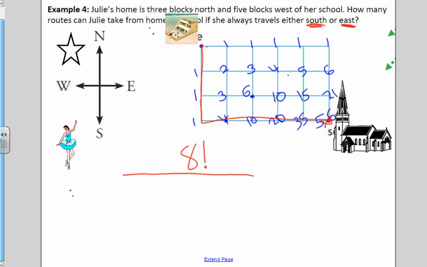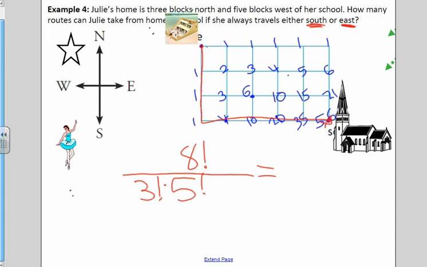So there's 2 possibilities. I'm telling her to either go south or east, right? And how many times do I say south? No matter what, I'm going to say south 3 times, right? So bear with me just a second. And no matter what, how many times am I going to say east? 5 times, right?